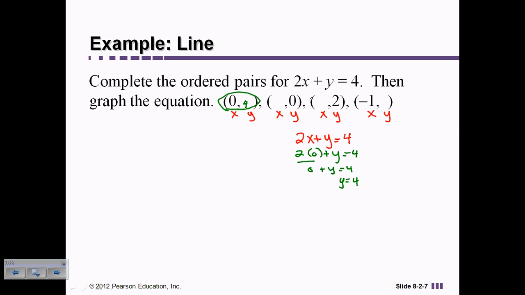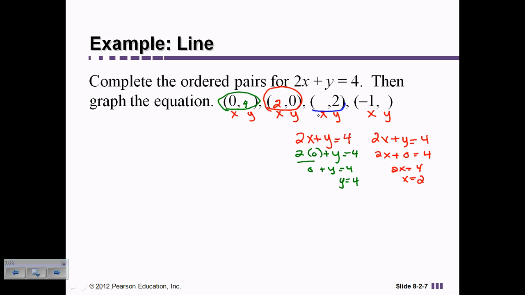Then on the second problem, I'm going to replace y with 0, but leave x alone. So I have 2x plus y equals 4, 2x plus 0 equals 4. And again, solve for x. So x equals 2.